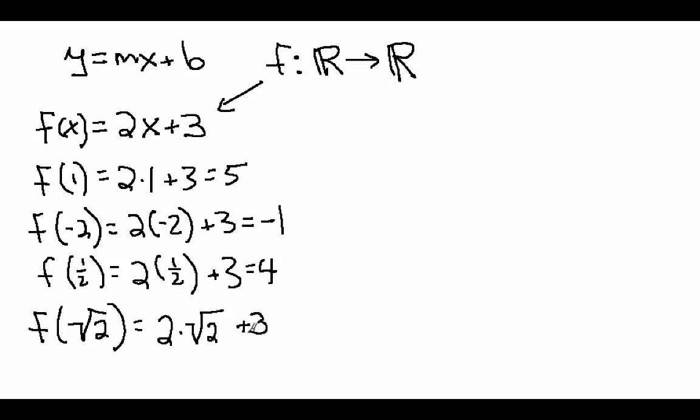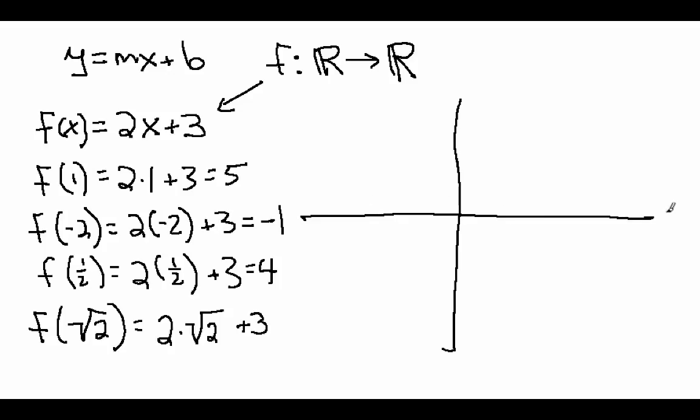Now you may remember back in high school when you were given something like this, what you would do is you had some graph paper, and this was the x-axis, and we would map y equal to f of x. And what we could actually do is talk about ordered pairs.